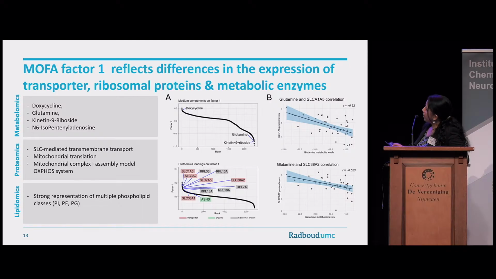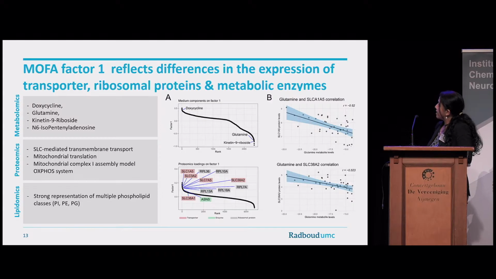For SLC1A5, we tried to determine the correlation with glutamine, and here we see a negative correlation. So we infer that these proteins are enriched mainly because they are trying to compensate for the low glutamine levels present in the cells.